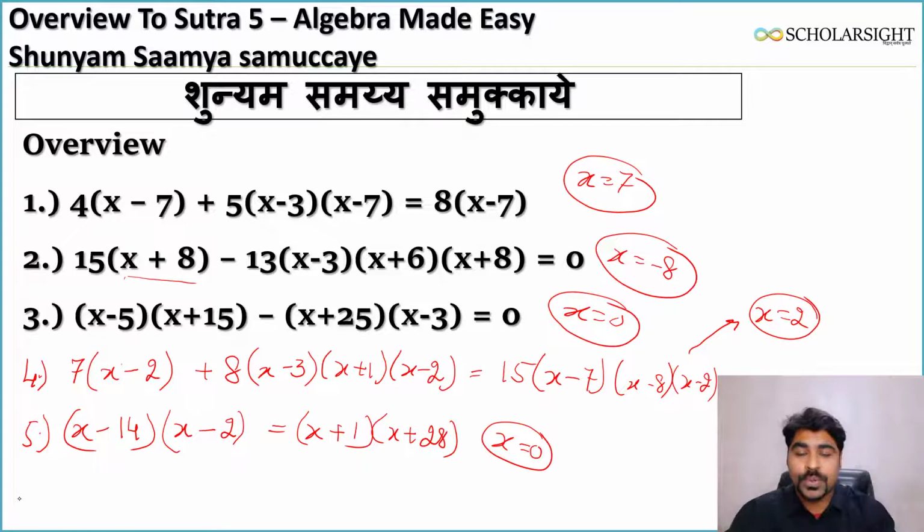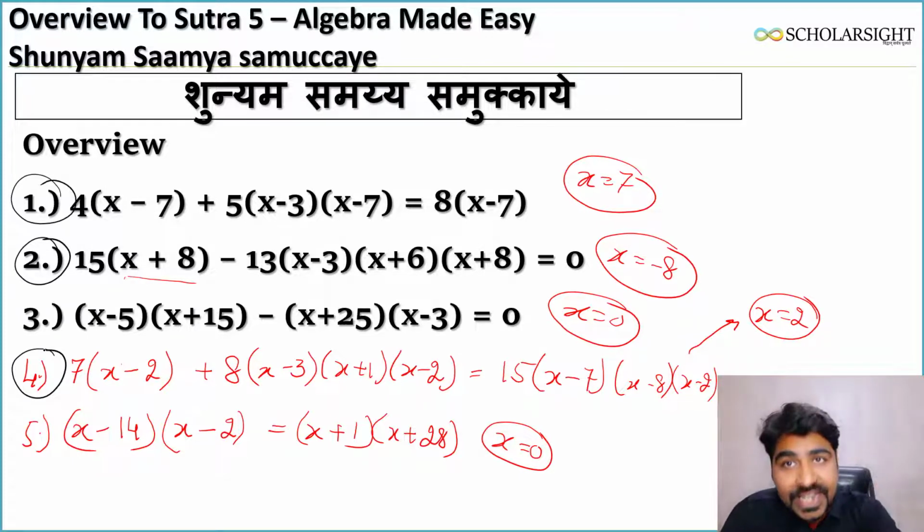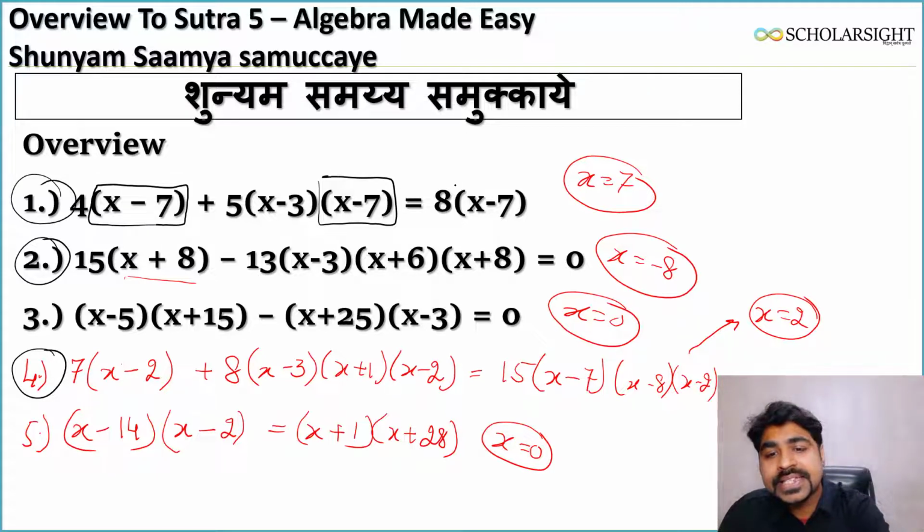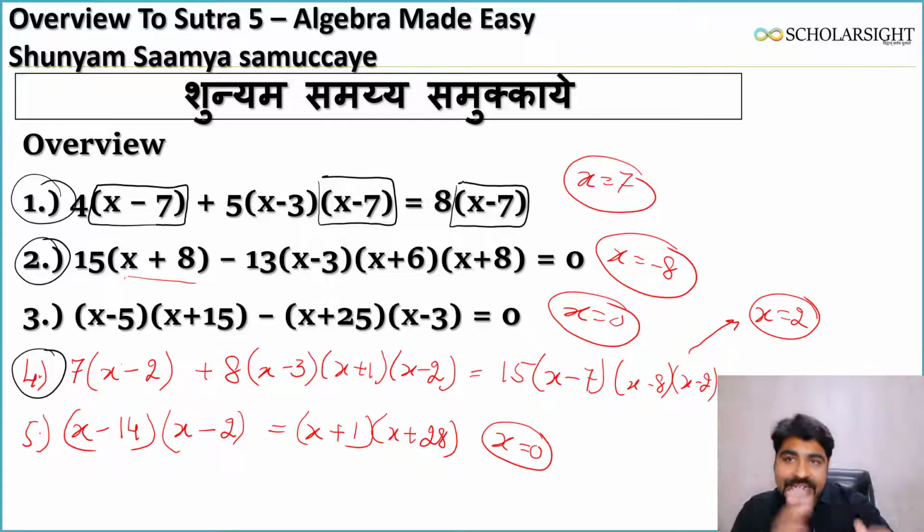Now, the first, second and fourth questions follow the same logic, which says that if any particular factor or variable is repeating itself with the bifurcation of a plus, minus or equal to sign, then just put that particular thing equal to 0 and get your answer.